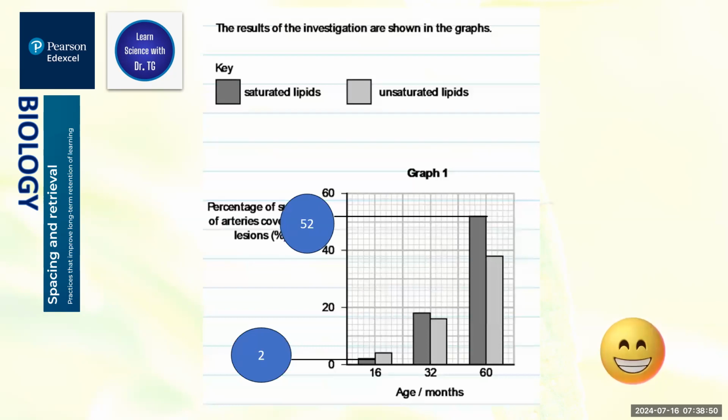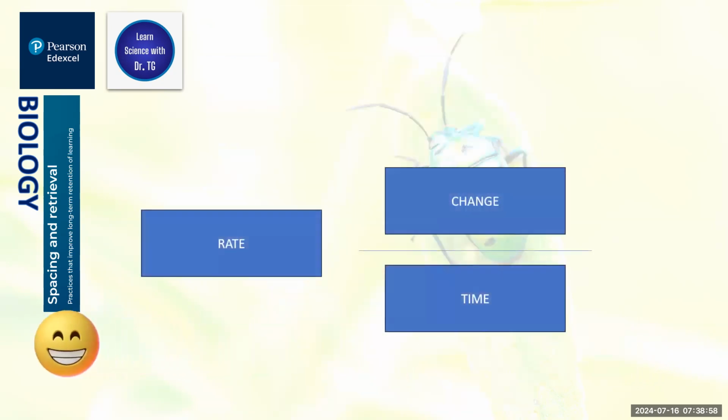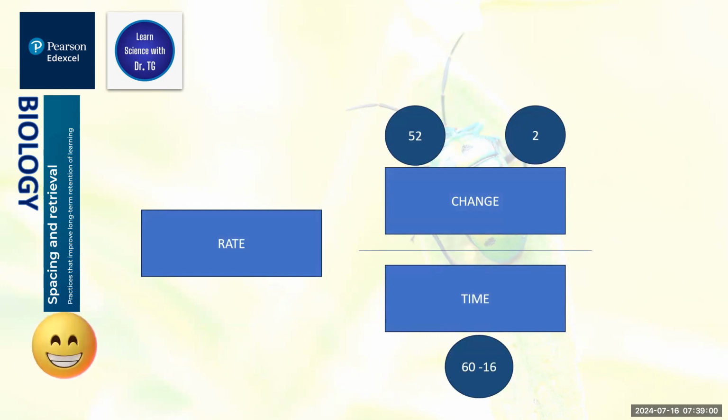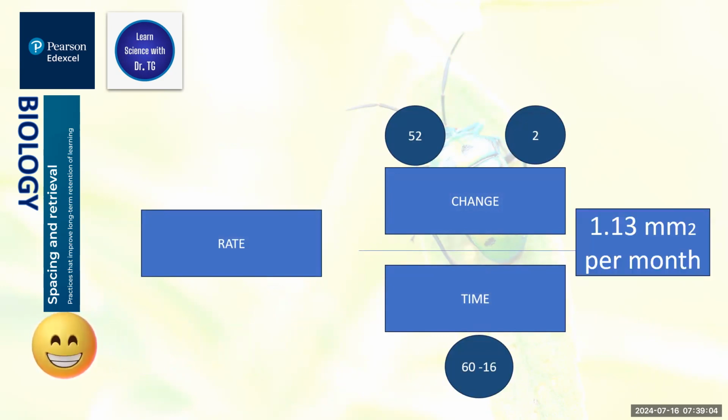So the difference is 52 minus 2, then you divide by the time, 60 minus 16. So, the rate equals the change divided by the time: 52 minus 2 divided by 60 minus 16. So the answer is 1.13 square millimeter per month. This is the rate with the unit.